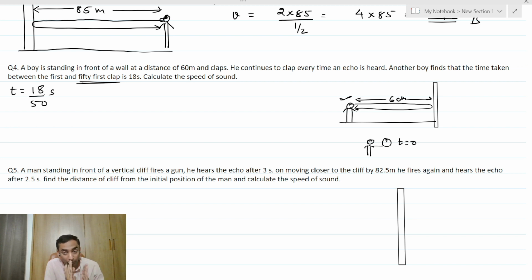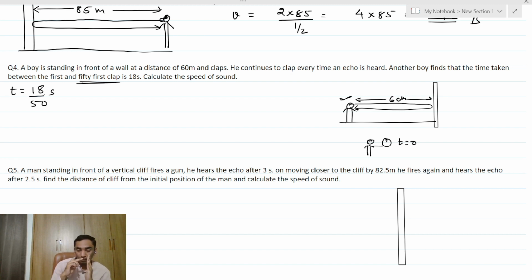This is the time interval between the two claps. And the moment I clap, the sound wave goes, reflects and comes back, I clap again. Correct? So this is the time gap between the two claps, and that is the time gap for the sound to be reflected and come to your ear again.